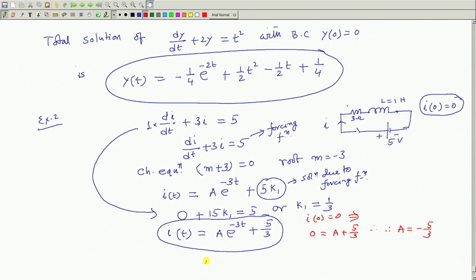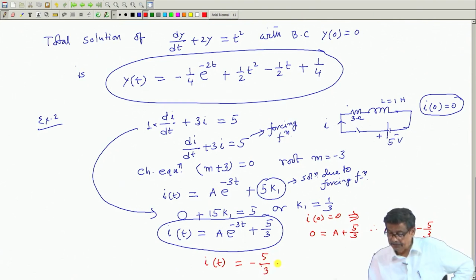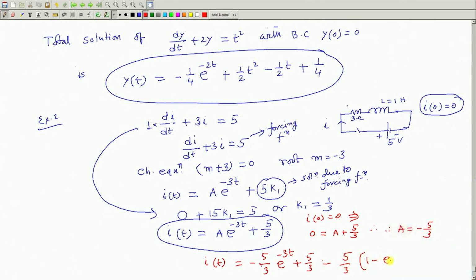So, what will be the total solution? I(t) will be equal to minus 5 by 3 e to the power minus 3t plus 5 by 3, which is equal to 5 by 3 times 1 minus e to the power minus 3t, and it is consistent.